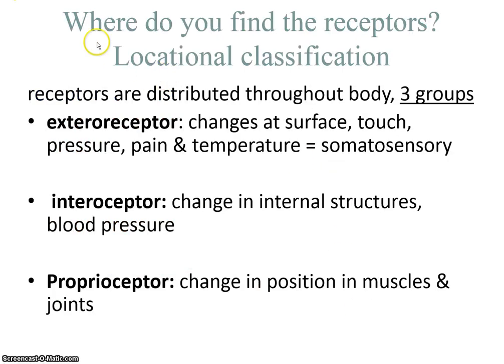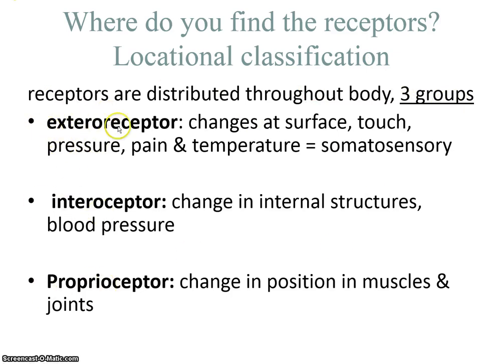All right. Where do you find these receptors? Well, they better be located so they can encounter their stimuli, right? You don't want to put a photoreceptor deep inside the body where light doesn't penetrate. It's got to be in a place that light can get to it, and similar for sound and so forth. So location. Receptors are distributed throughout the body. We have three groups here: exteroreceptors, interoreceptors, and proprioceptors.